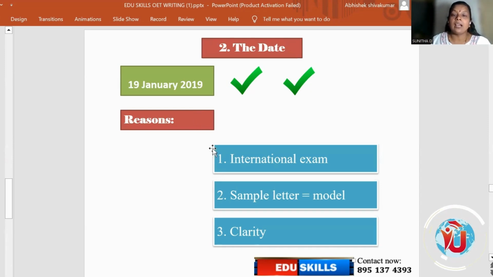The reasons are that it is an international exam, and the sample letters given on the OET official website are the model for choosing this date format, giving clear clarity on how to write the date when you are writing a letter.